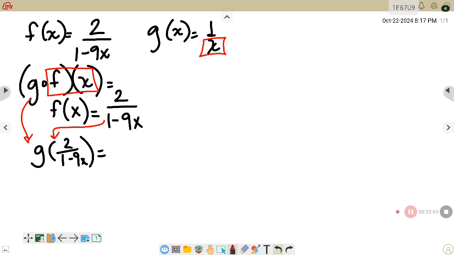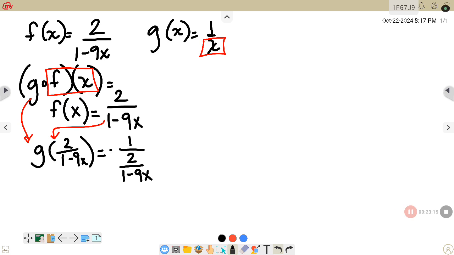So I will have 1 over, replace the x with 2 over 1 minus 9x. Now, just like when we were finding the composition the other way around, I ended up with a fraction that is too complicated.